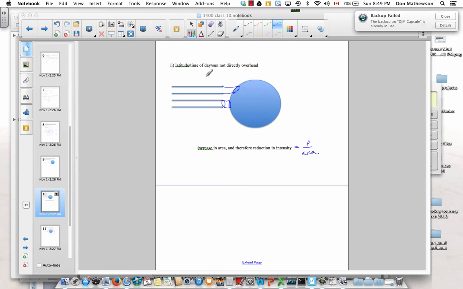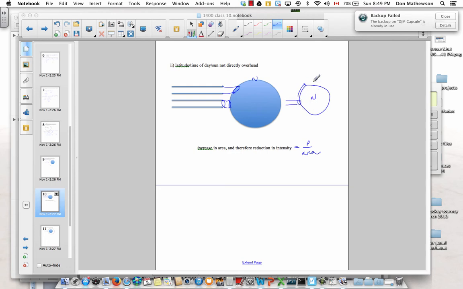Now, this same effect applies to time of day. So if we think of this as the North Pole, then this shows the latitude effect. But if we imagine the North Pole is here at the center, and that the Earth is rotating this way, then we also see time of day matters, because this cone of light here would be at noon, so you've got really intense light at noon.